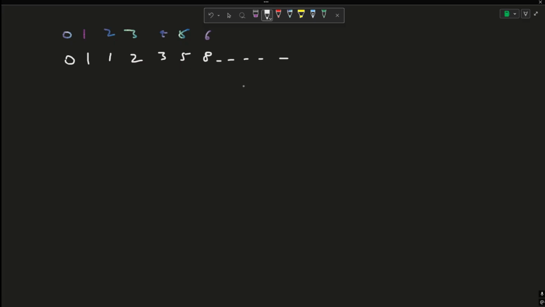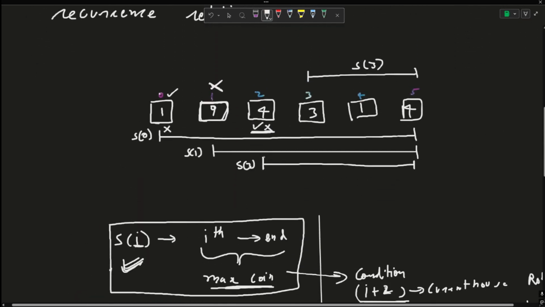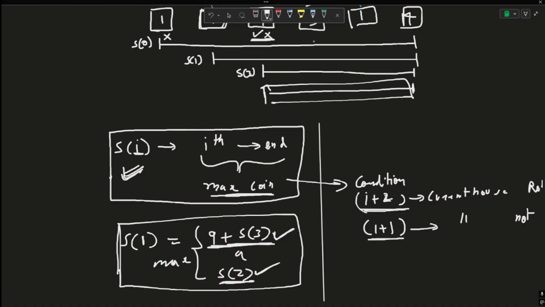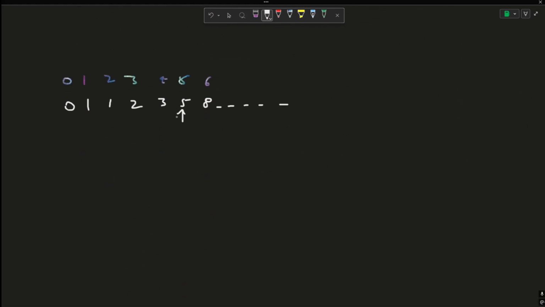This is the Fibonacci series. Similarly to when I was standing here, I can say my problem starts from here, I have to find till the end, and this would be my subproblem. Similarly, if I'm standing here at I, my answer would be the previous digit, S of I minus 1, plus S of I minus 2.